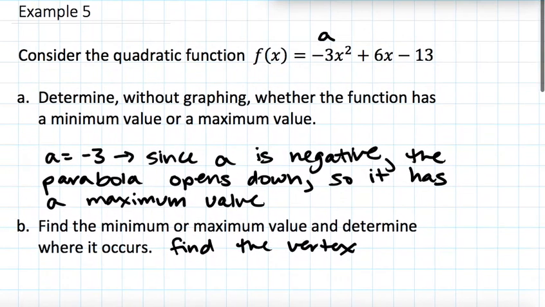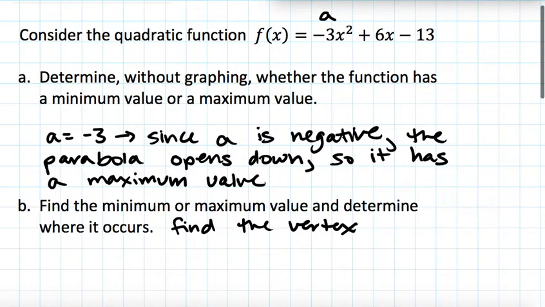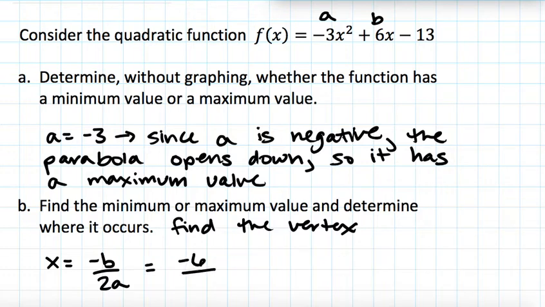Now this equation is given in standard form, so to find the vertex, I need to use x equals negative b over 2a to find the x-coordinate and then plug in to find the y-coordinate. So my a here is negative 3, my b is positive 6. So I'm going to plug in negative 6 over 2 times negative 3 equals negative 6 over negative 6, which equals positive 1.